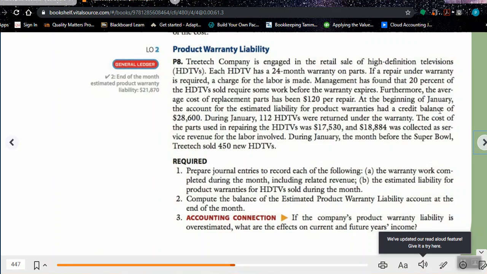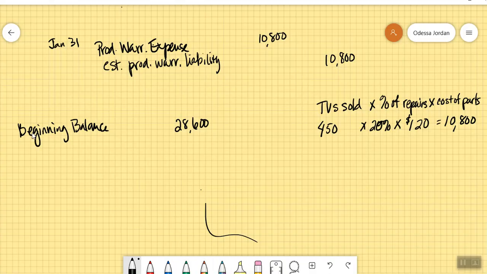It had a credit balance of 28,600. So that's a positive balance. And then we have to subtract out the cost of warranty parts used, and that was $17,530.